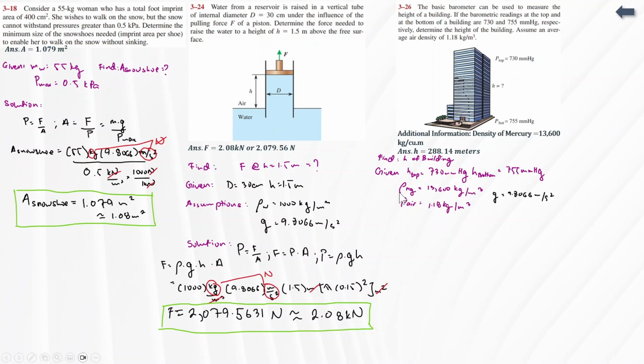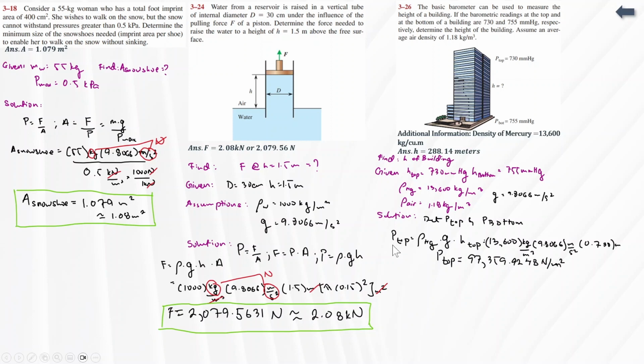Since we now have those values, like I mentioned earlier, let's first determine the pressure at the top and the bottom. Just like I said earlier, pressure is equal to rho times g times h. In this case, this is the density of mercury, then the acceleration due to gravity, then the barometric reading at the top.